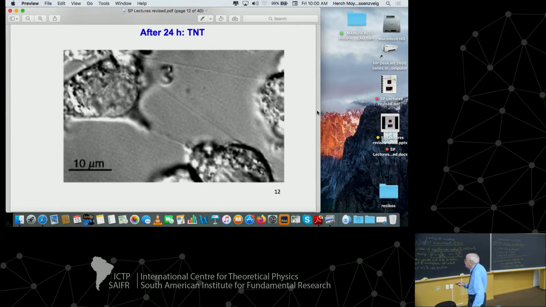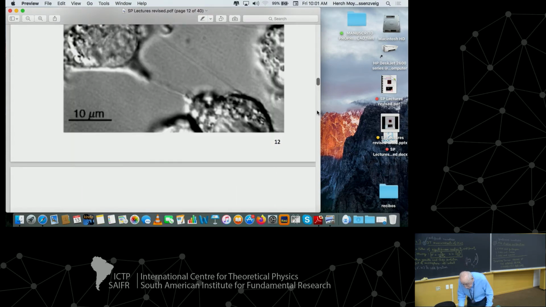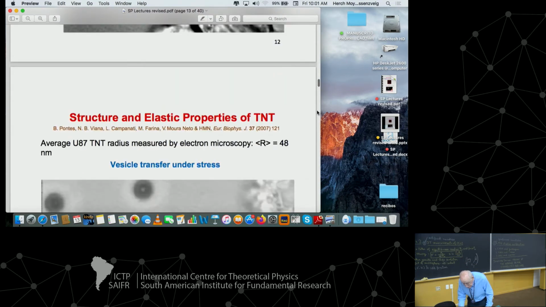Okay? You can see that these cells are connected by several TNTs, and this distance scale here is 10 micrometers. And we were able to measure the radius, okay? So we thought that it's typical of the range that we had.